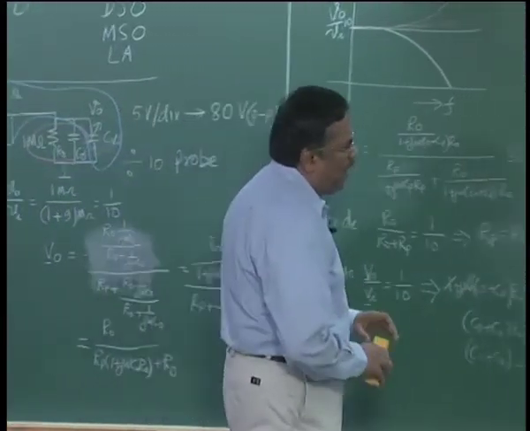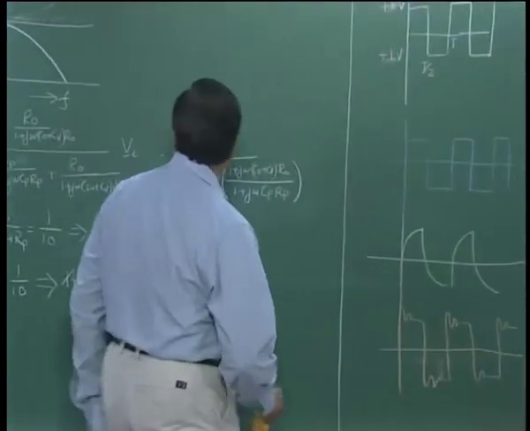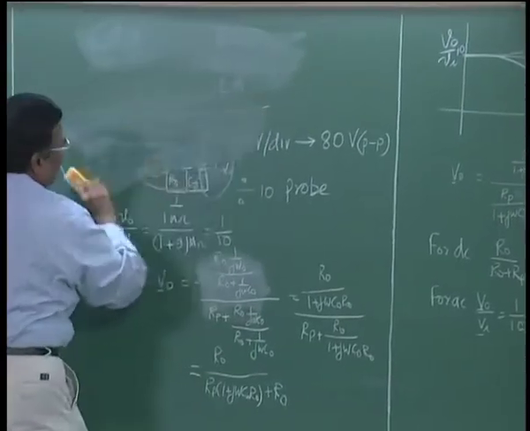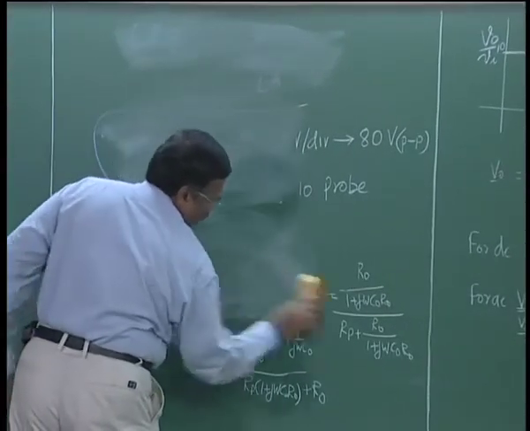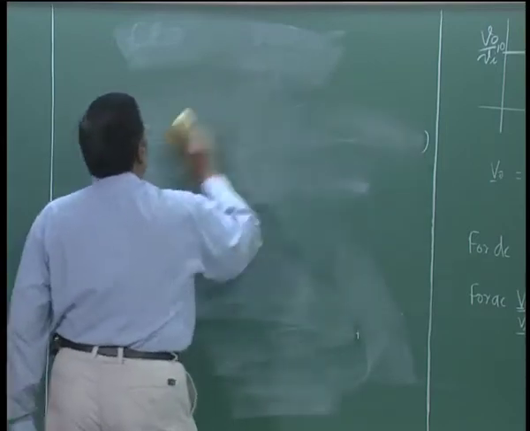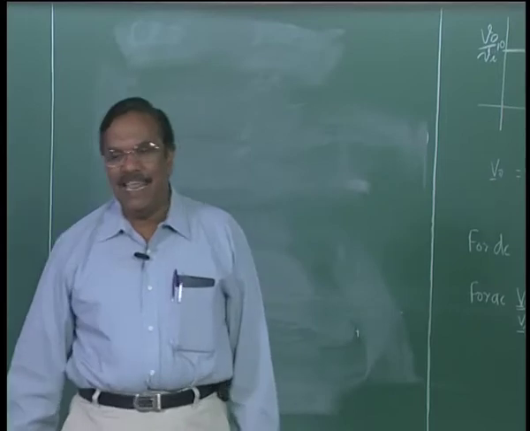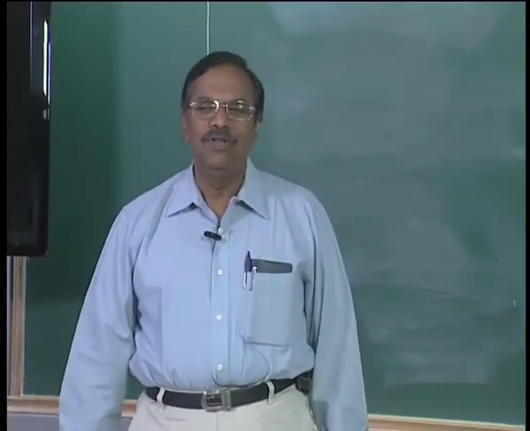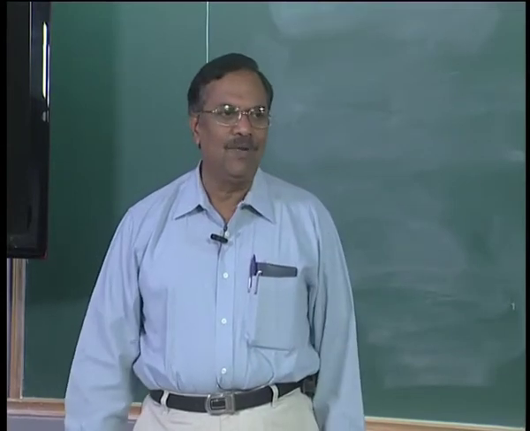Now, so far we have learnt about the oscilloscope, which is an instrument that enables us to view the actual time varying quantities.